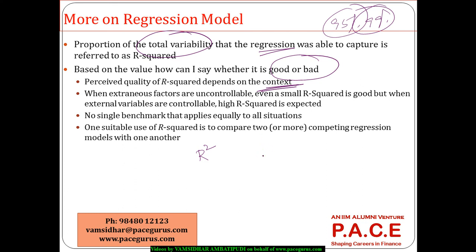See, many a times what happens is the external variables, right? Apart from square feet, there could be various other variables in the data which could influence the price. If I say that the external variables are fully controlled, means they never change.